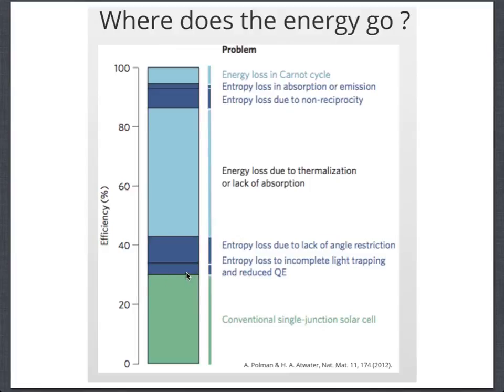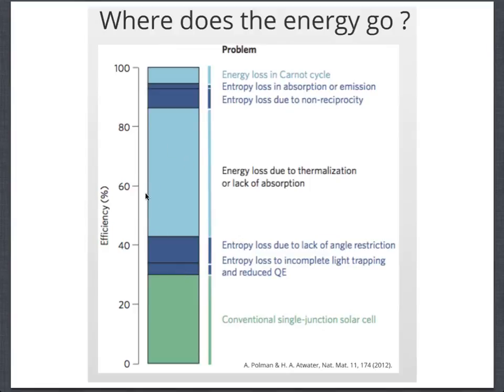This one is loss due to the incomplete light trapping, which I guess was already covered in the class. So if light doesn't get trapped inside the solar structure and some light gets out, you don't get to absorb all the photons.